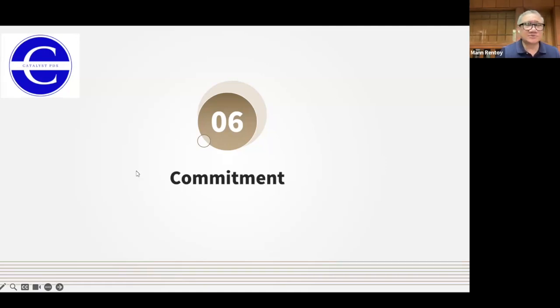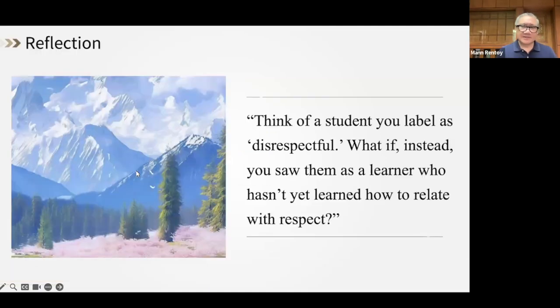But that's why they come to school. They're not just after learning math, science, English, Filipino, social studies. They really need to learn how to survive in life. And respect is one of the most important virtues they need to learn inside our classroom if they are to be successful in life.